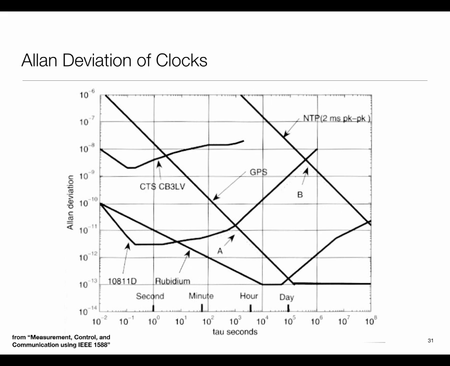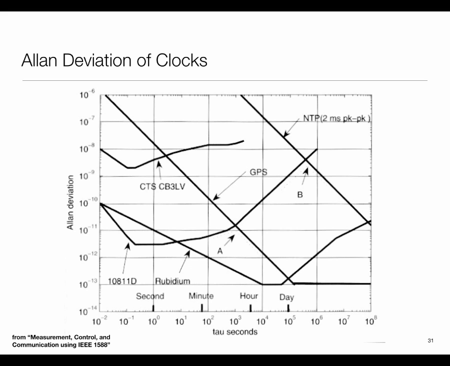What you're seeing out here is kind of a data sheet that a clock may have, where you are given tau in seconds and the Allan deviation, and there are a bunch of different clocks shown. They correspond to different kinds of things, as well as things like NTP, which is a network protocol. What you see is that some of them do well at short, small taus, and some of them do well at long taus.